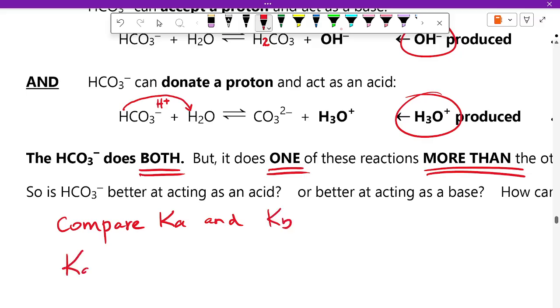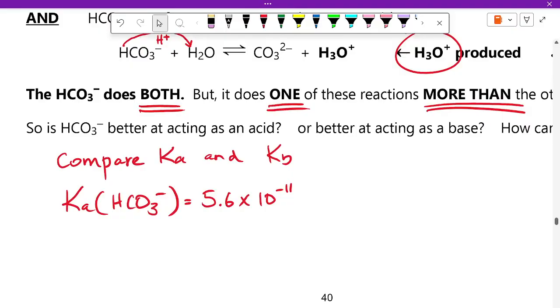What is the Ka of HCO3-? 5.6 times 10 to the negative 11? Yeah. Excellent. What is the Kb of HCO3-? How did you do that?